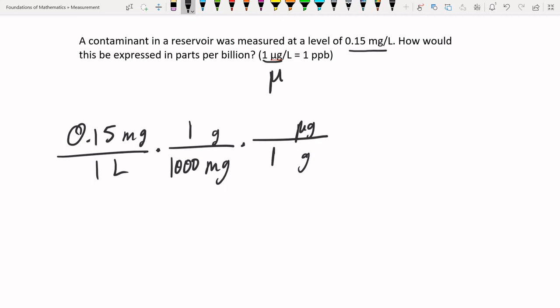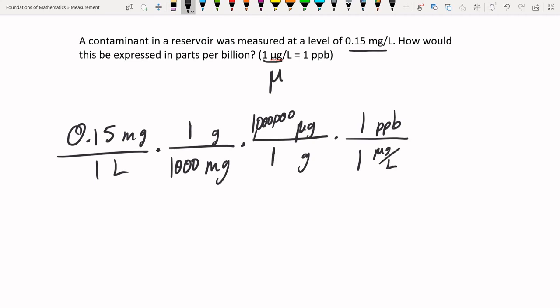And in 1 gram, there's 1,000,000 micrograms. Okay. Then we can convert this. This is going to be a little bit odd. I'm going to write this, but I'll show you why I'm writing it this way. 1 part per billion over 1 microgram per liter.